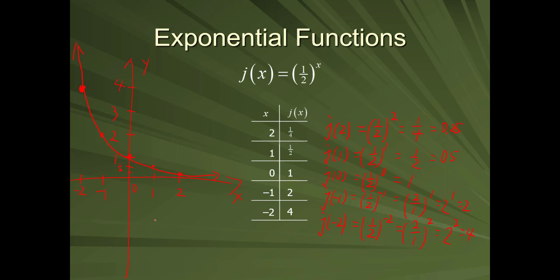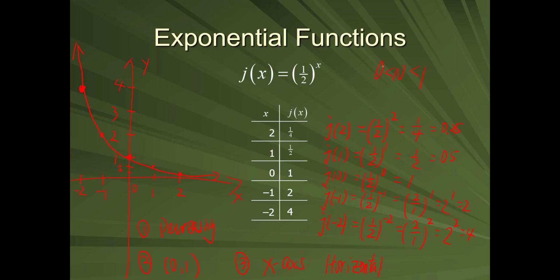As you can see, we can see some features. From left to right it is decreasing. Secondly, it passes through the y-intercept 0, 1. Third, the x-axis, the horizontal axis. So here the base is greater than 0 and less than 1.